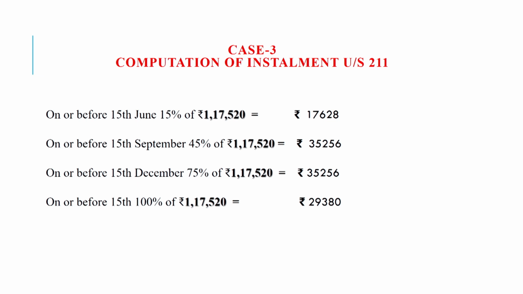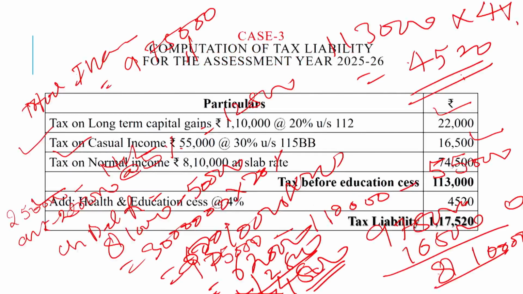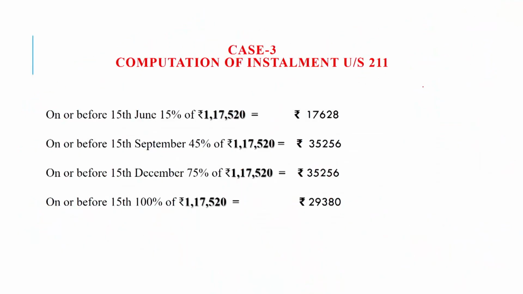So the total amount of the tax is 1,17,520. The first installment is 15%. The second installment is 30%, so 1,17,520 into 30%.